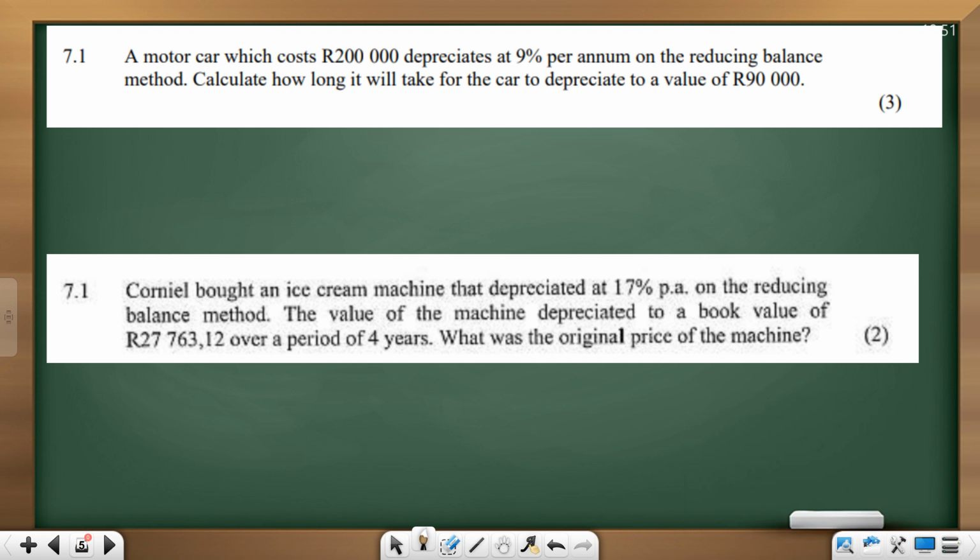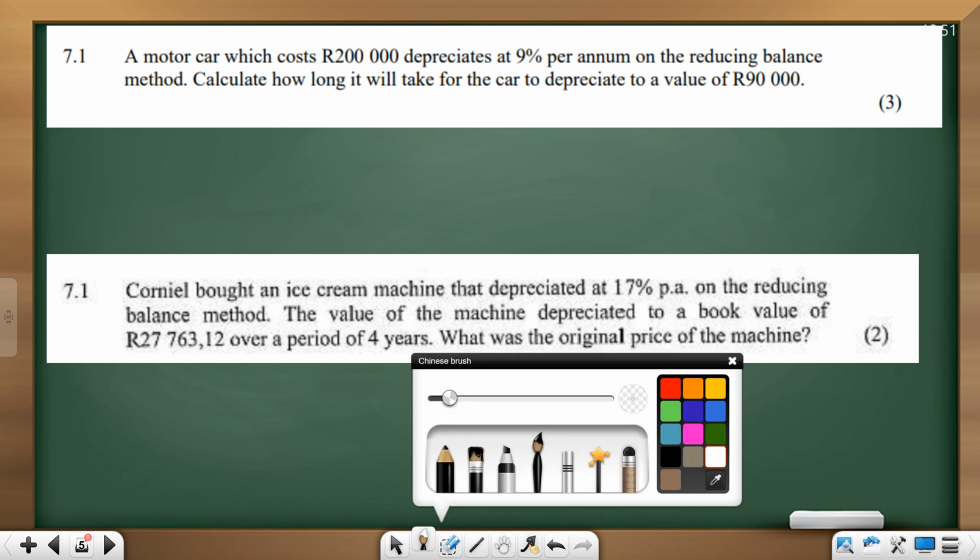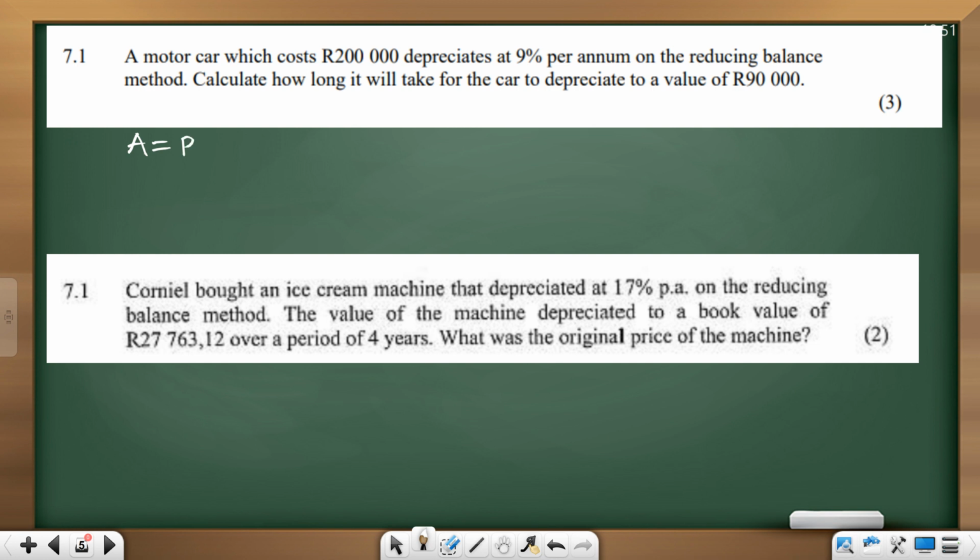All right, a motor car which costs 200,000 depreciates. Okay, there's no need to ask which formula. Is that okay? What formula? A equals P(1 minus i) to the power of what? n. Depreciates to what? 90,000 equals to what?